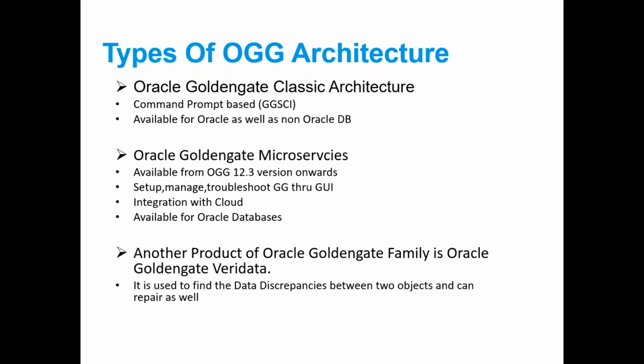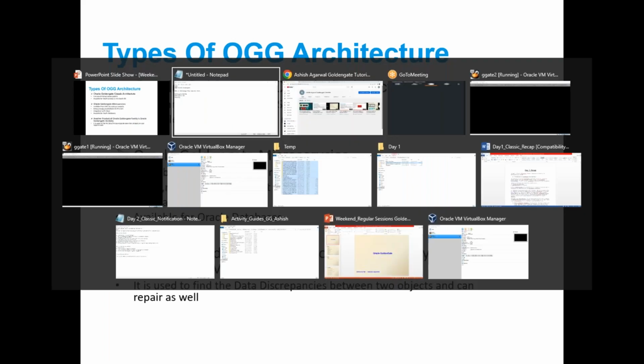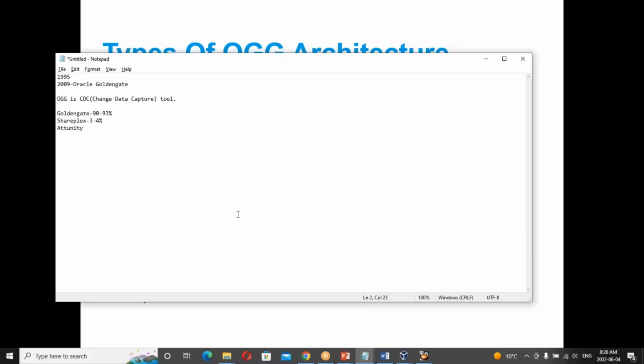From 2009 to 2017, there was only one way to configure GoldenGate, which many of you may be using in your environment. That is GGSCI, right? GGSCI is the command prompt of GoldenGate. Until 2017, it was just called GoldenGate.